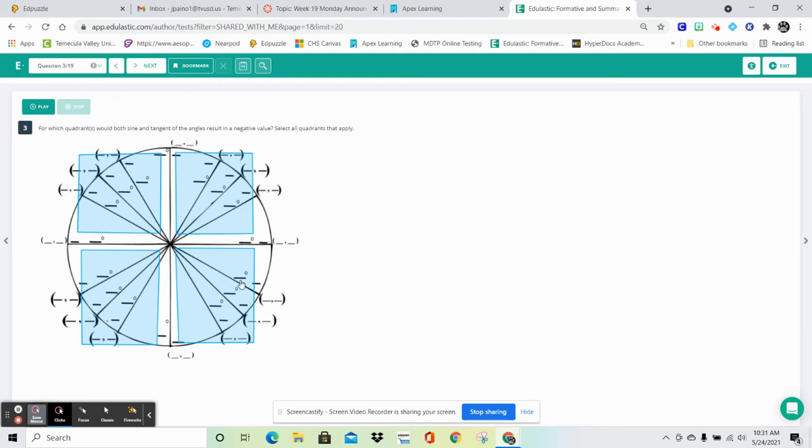But tangent would only be negative in quadrant 4. So we're just picking quadrant 4 right there. Because in quadrant 3 they're both negative, so tangent ends up being positive there. So even though it says select all quadrants that apply, only quadrant 4 is true.